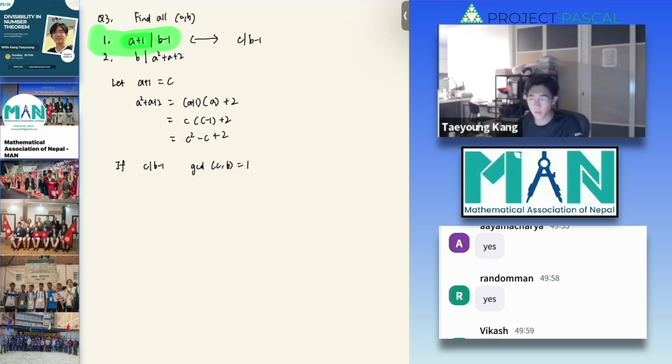This is exactly because GCD of C and B is equal to GCD of C, B minus (B minus 1). This is by the Euclidean algorithm: since C divides B minus 1, B minus 1 is a multiple of C, and you're able to subtract multiples of C from B. This just gives us GCD of C and 1, which is equal to 1, which basically explains why it's coprime.